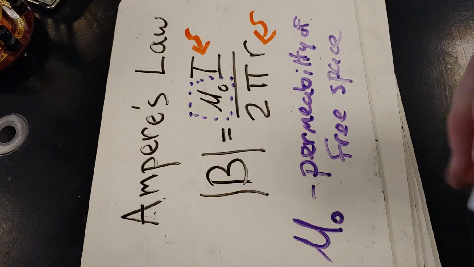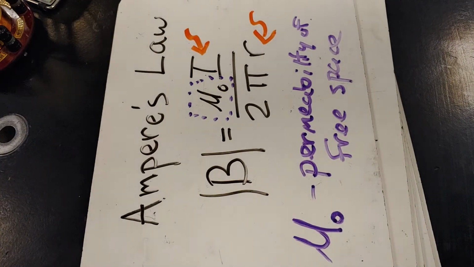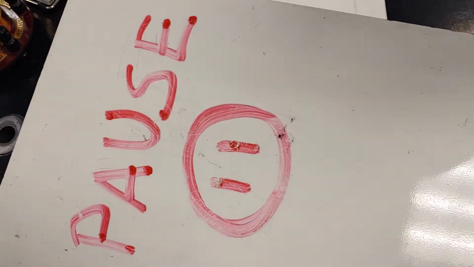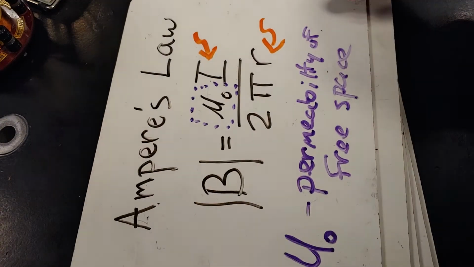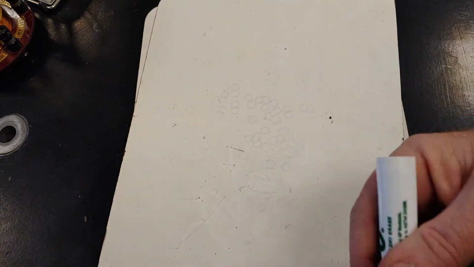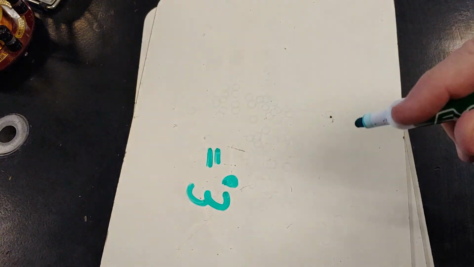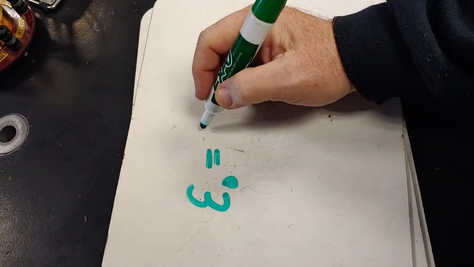With a name like permeability of free space, I hope it brings to mind another concept we've seen of late. So take a moment, think about what that concept is, and we'll be back together in just a few seconds. Okay, did mu naught remind you of epsilon naught? You remember epsilon naught, which is the permittivity of free space.